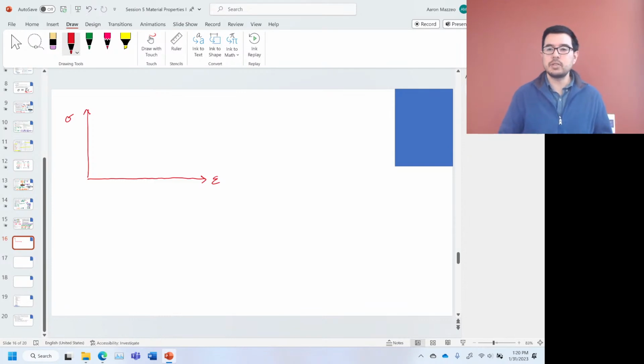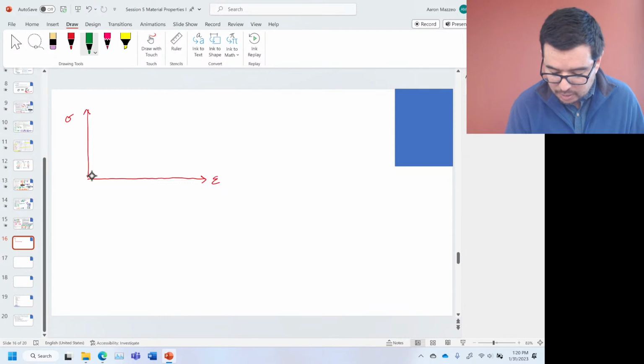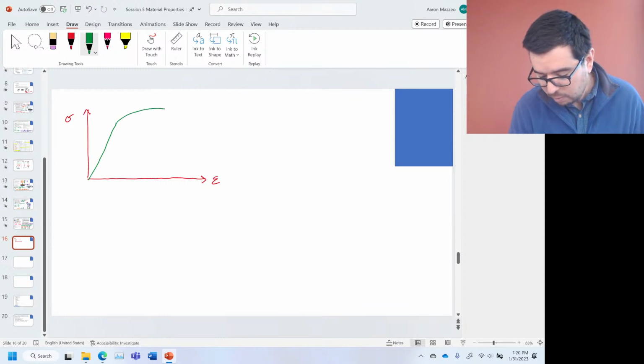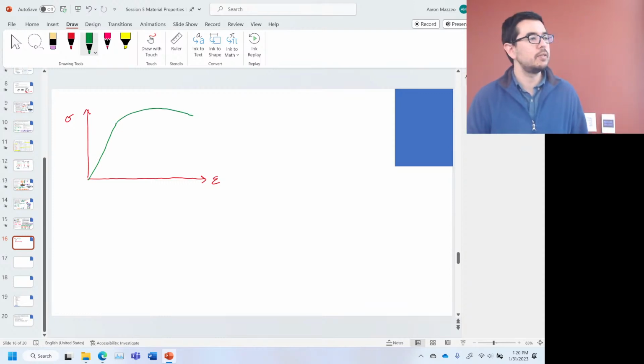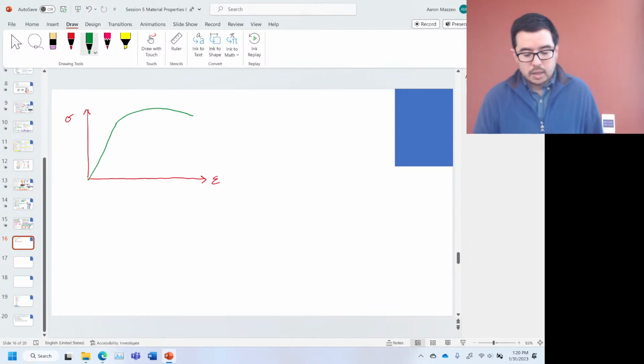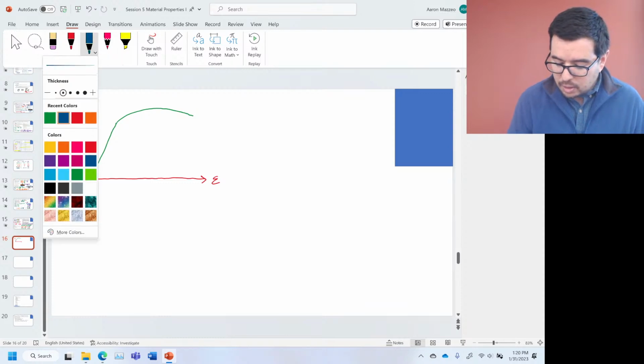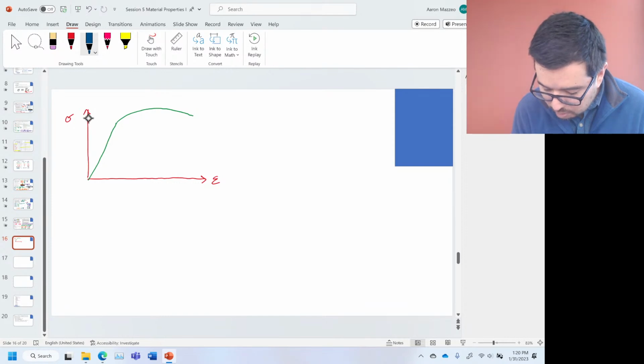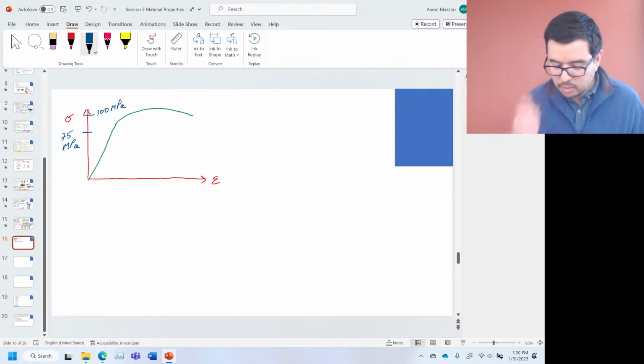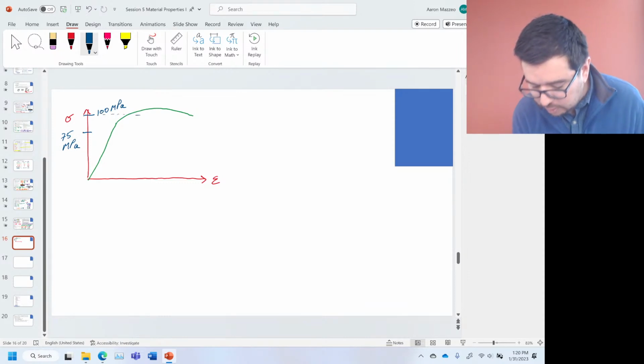Those are axes for a stress strain curve. This is a stress strain response. Let's say that this value up here is 100 megapascals, and this value down here is like 75 megapascals, coming across like there.